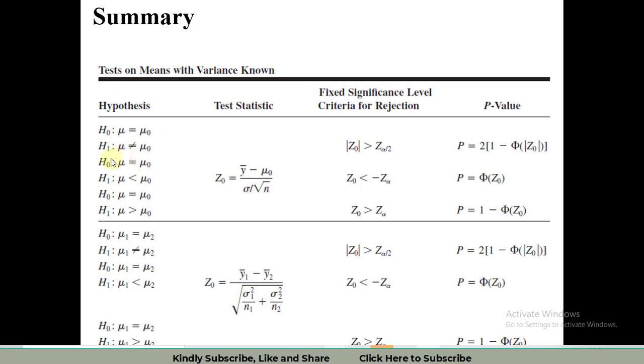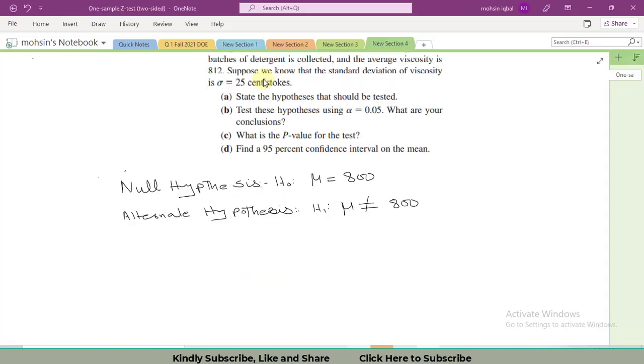The rest of these two scenarios are related to directional hypothesis. However, the z statistic value is the same for all of them. So I have written mu is equal to 800 and alternate hypothesis mu is not equal to 800.